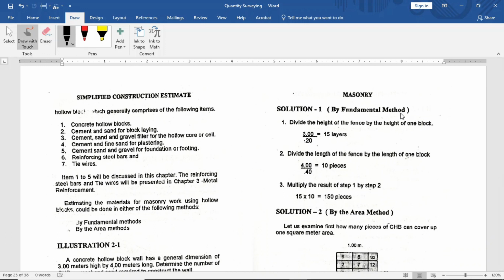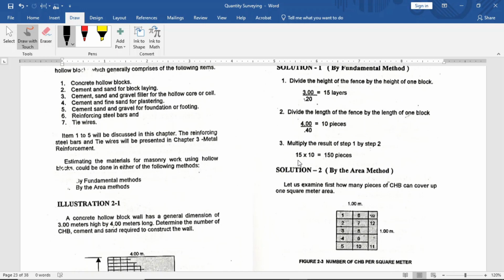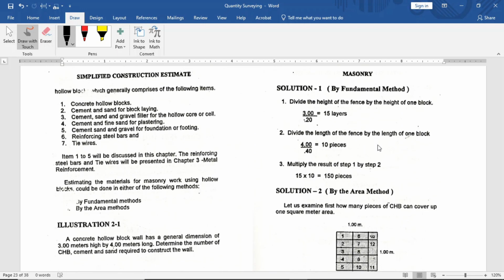First, divide the height of the fence by the height of one hollow block. So, ito yun: 3 meters divided by 0.2. Bakit 0.2? Kasi yung paglatag natin ng hollow blocks, ganito. For example, ito yung wall natin, ito yung mga hollow blocks natin. Ganyan yung paglatag ng hollow blocks.